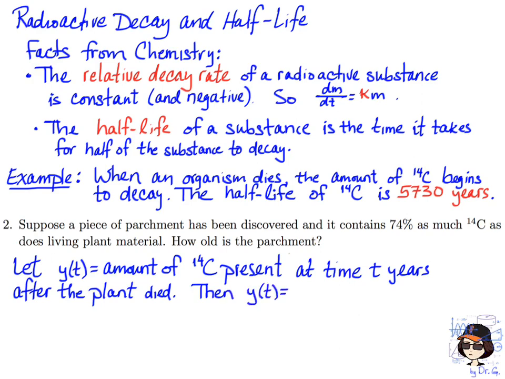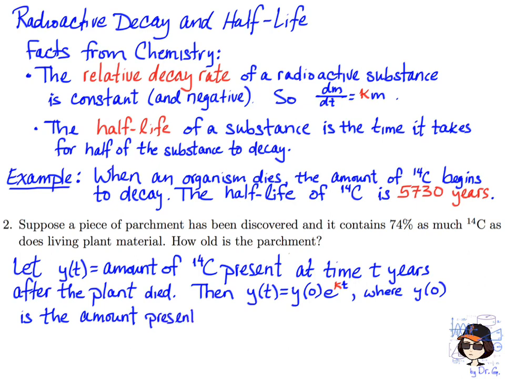Then y of t has to be equal to y of 0 times e to the kt, where y of 0 is the amount present when it died. That's the amount that it had the whole time it was alive, and then as soon as it died, it started to decay. So it's the original amount, y of 0. We don't know what it is.